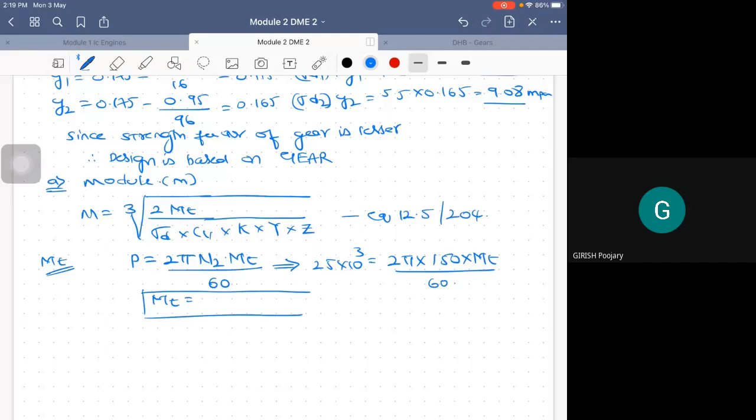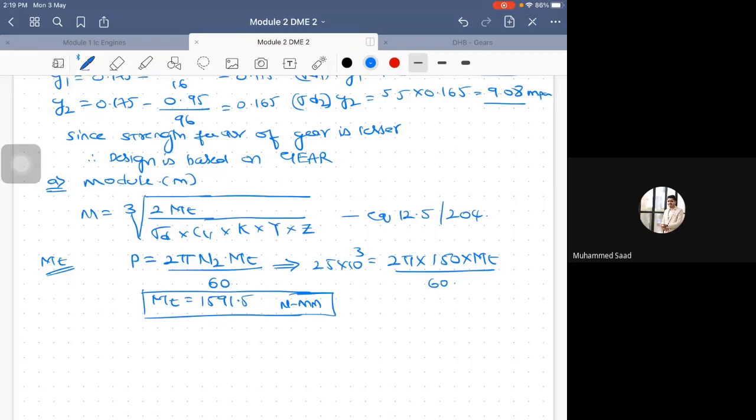Whatever you get would be in Newton meters, 1591.5. Be careful about the units.